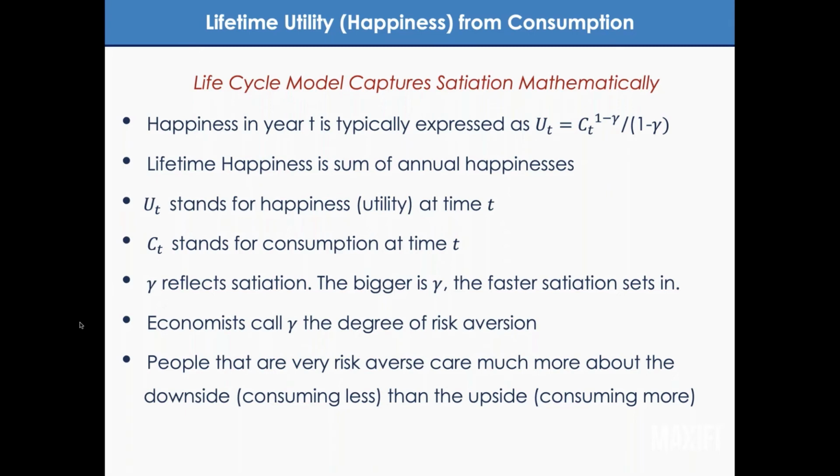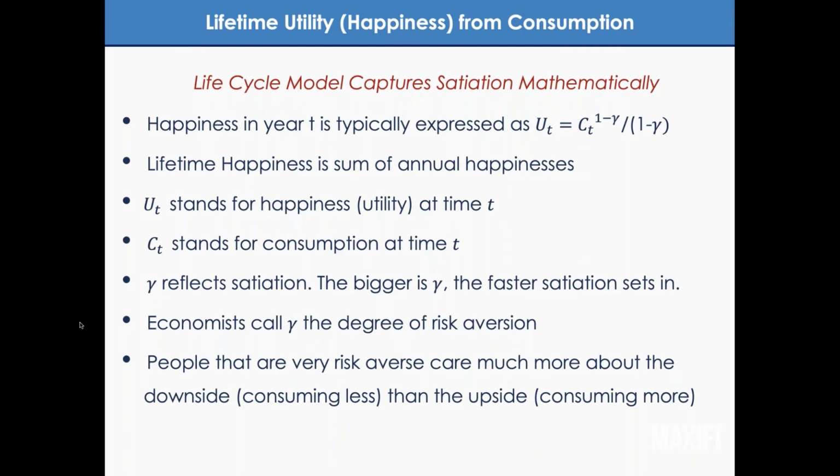And then we're doing this for 500 trajectories, so we average these lifetime sums of the U's across all of the different years, and that gives us what economists call an expectation. That's the statistical term.